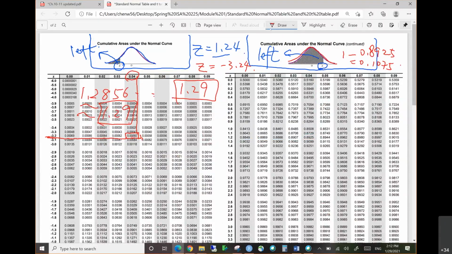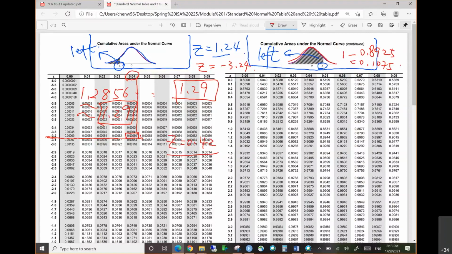We say our z is 0.42. What is the probability to the left? Josh? What is the probability to the left of 0.42? Would that be 1 minus 0.6628? Yes, perfect.